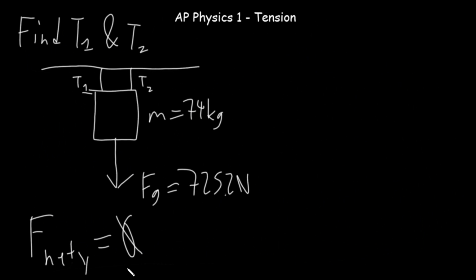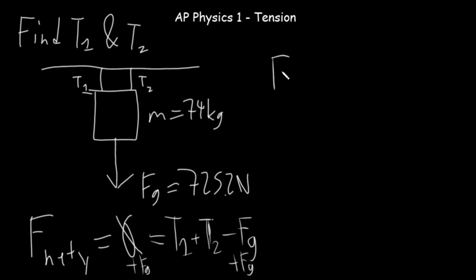Now what we need to do here is set up our equation. Well, we have T1 plus T2, because these are positive forces in the y direction. Then we have Fg, which is negative. My pen is so laggy today. Add Fg on both sides, and you're left with this equation.